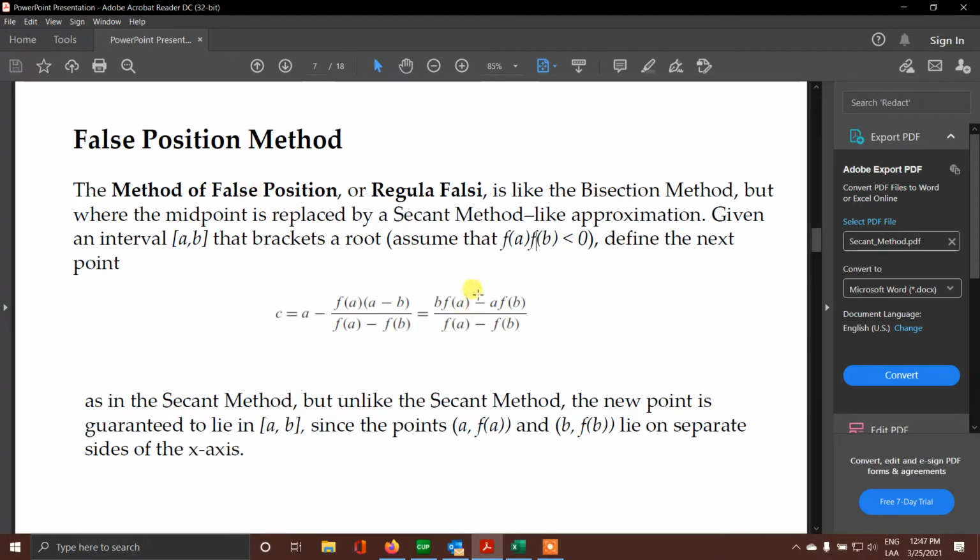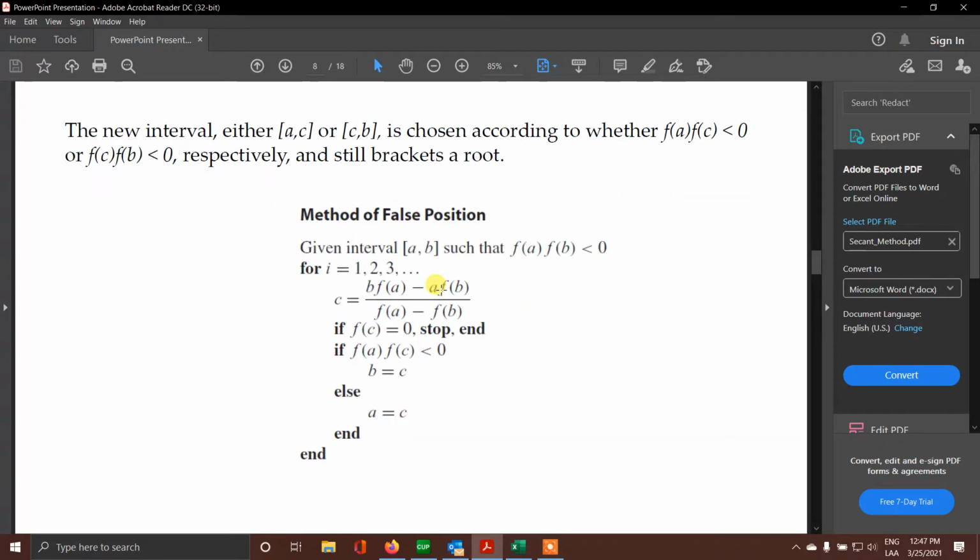Okay, and remember A and B are always the neighborhood. We already saw this. I'm just reviewing and making sure that you understand what I want you to do for the assignment number 6. I also gave you a pseudocode that basically explained the method of false position.